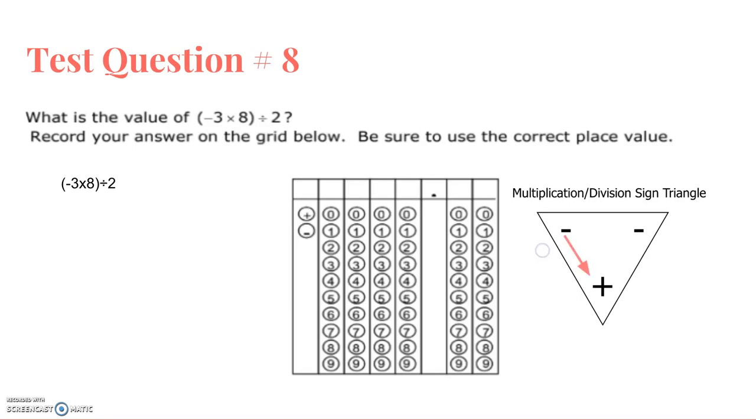Remember that a negative times a positive will always give us a negative product. So -3 times 8 is going to give us a -24. The same thing applies for division. A -24 divided by a positive 2 will give us a negative quotient. So our quotient is -12. So our correct answer is -12.